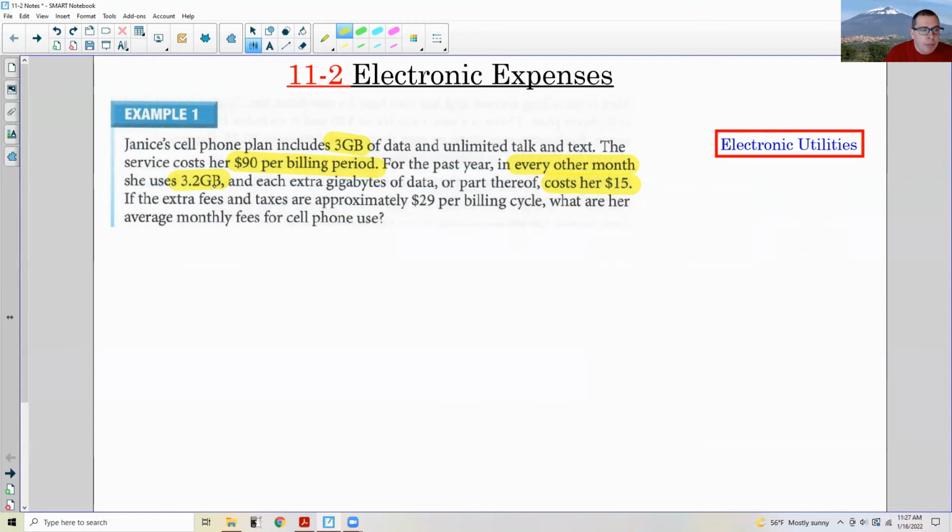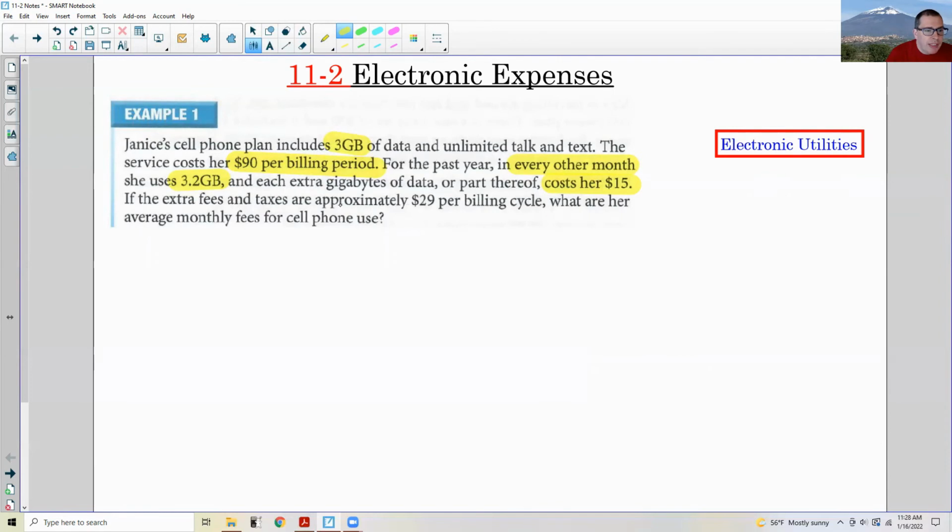And then when she gets to 4.1 gig, then it'd be 15 times 2 because it is a whole gig more. Then we're on to the second gig of data and so on. So this 0.2 is going to be the same price as if it were 3.9 gigs of data, because every part thereof costs $15 extra.